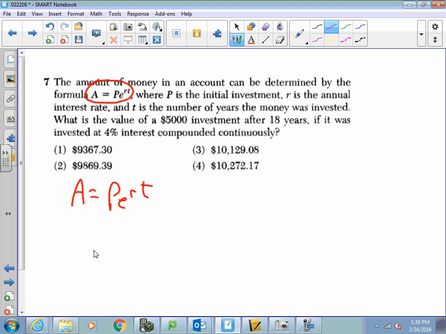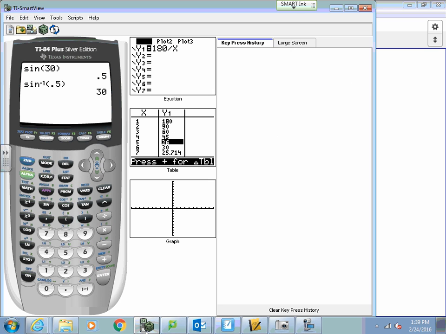I want you to think about how many variables you have here. In reality, you have 4 variables. You have the A, the P, the R, and the T. The E is not a variable, so don't think of E being a variable. It's a constant. Remember, in your calculator, your E is actually going to be this.